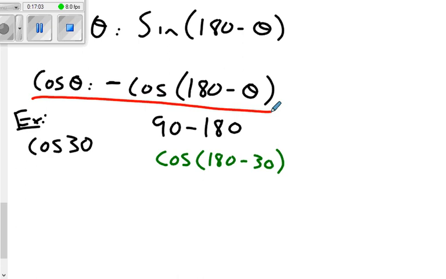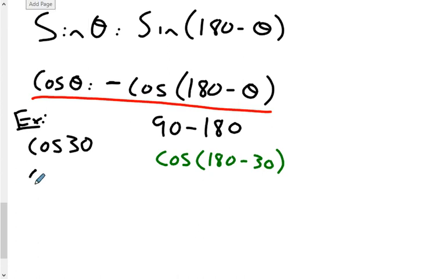So cosine 30, someone tell me what that is. 0.8660. Another 6. 60? Okay. Cool. Now let's do cosine.